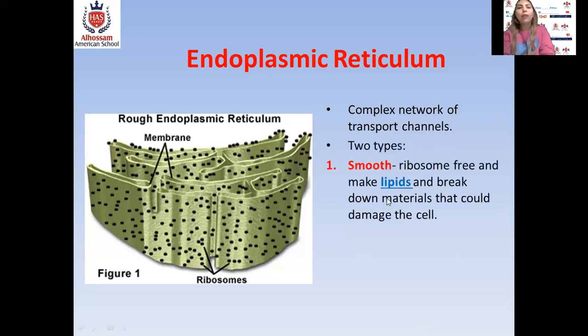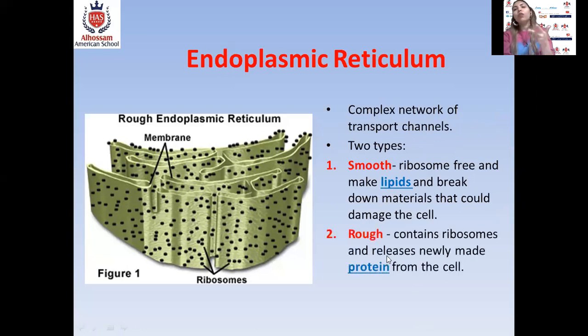We have two types of endoplasmic reticulum. Number one, smooth, without ribosomes, which makes lipids. And the second one, which is rough because it contains ribosomes, forms protein. So the smooth one makes lipids, the rough one makes proteins.